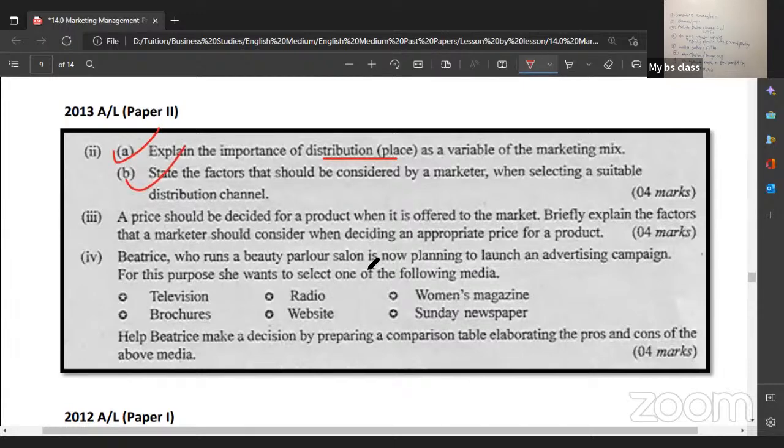A price should be decided for a product when it is offered to the market. Briefly explain the factors that a marketer should consider when deciding an appropriate price, the pricing objectives they are asking, right? So you have to think the nature of the market, the nature of the good, the demand, the cost, right? The government, if there are any rules, maximum pricing, so how do you basically price a product? So just 4 marks, quite a good question.